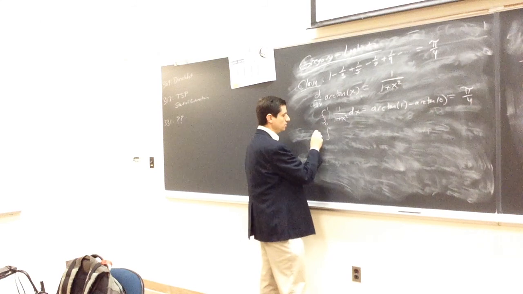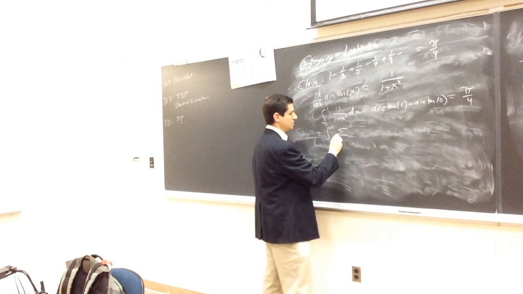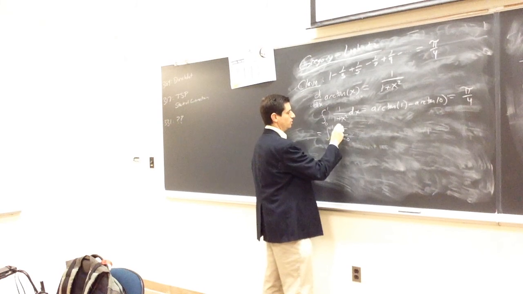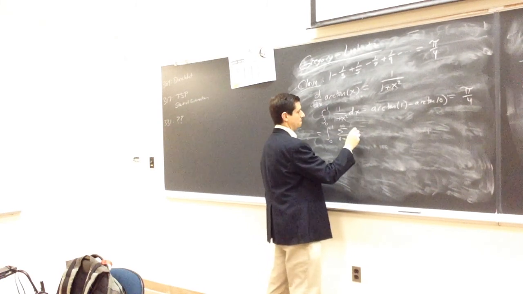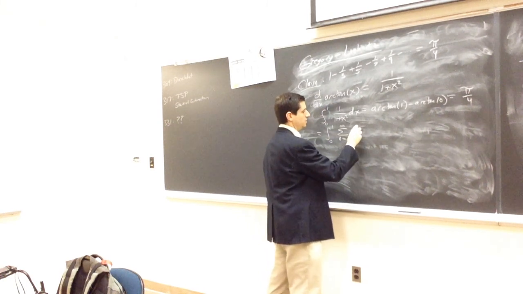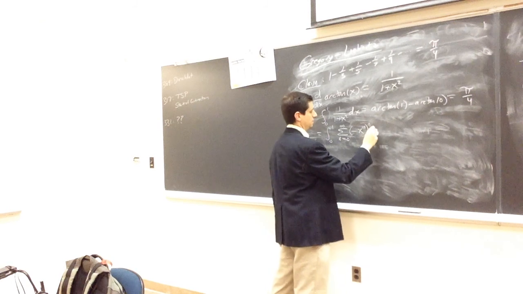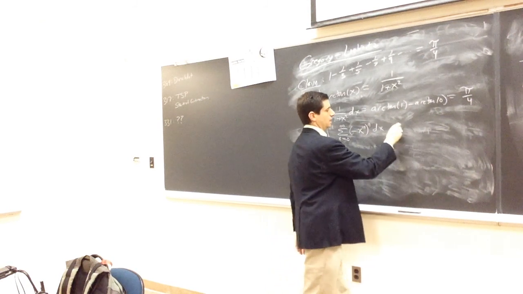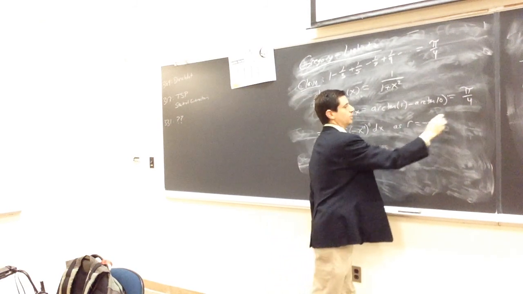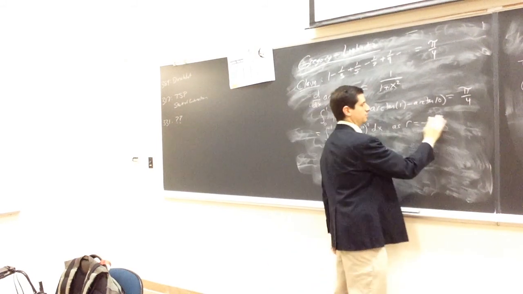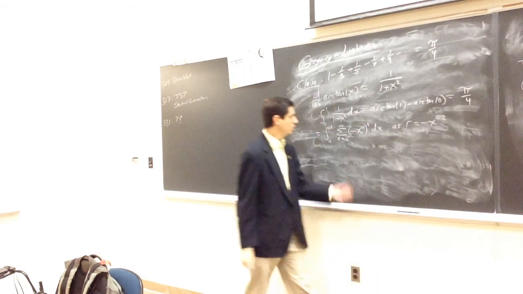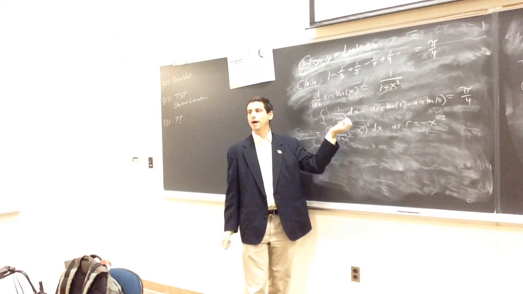So this is the integral from 0 to 1 of the sum, n goes from 0 to infinity, of r to the n dx. And remember, when we have the geometric series, we want 1 over 1 minus r.